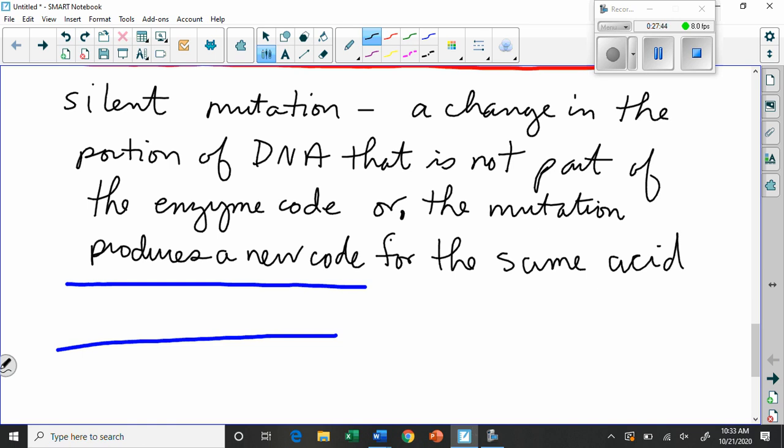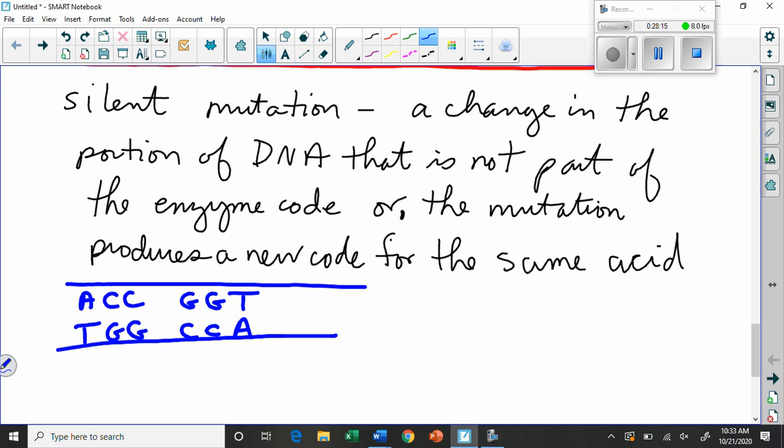Okay, so if we do this one, let's look at the code ACC, or the DNA that goes ACC. And I'm just going to do the next one over, which would be GGT. There was our original DNA, and that would mean we'd have TGG here, and we would have CCA on the bottom. So let's change one of those.